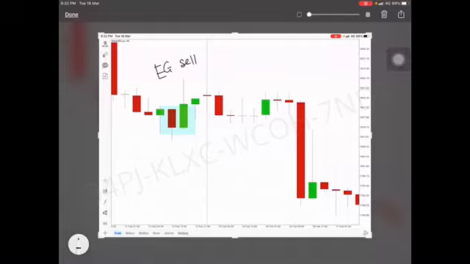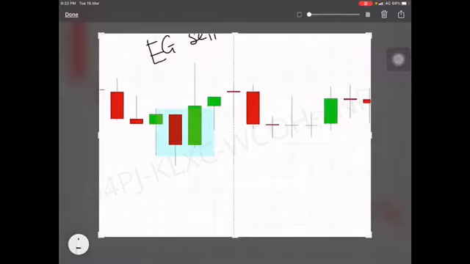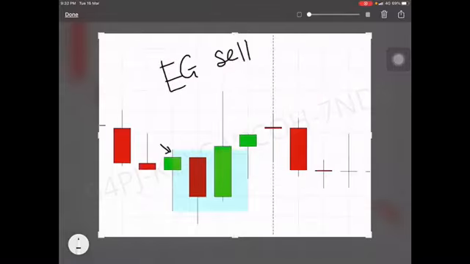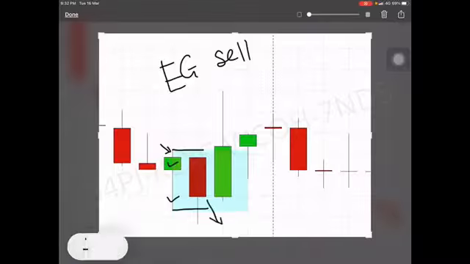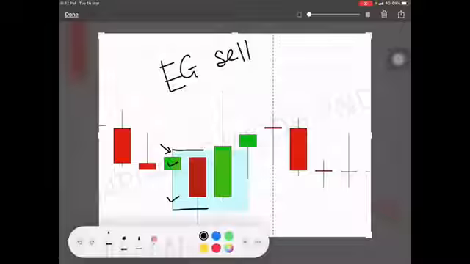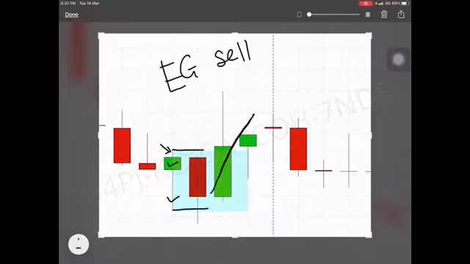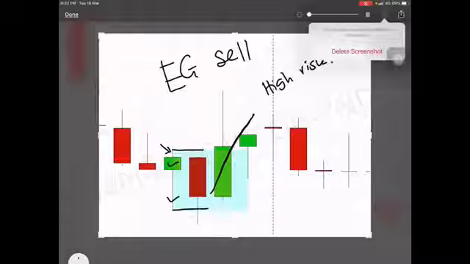But if you look closely, the upper shadow has not been consumed. The lower shadow has been consumed, the body has been consumed, but not the upper shadow. So do you see what happens? The price did not go down and the price goes upward. So this is high risk. Is it clear?